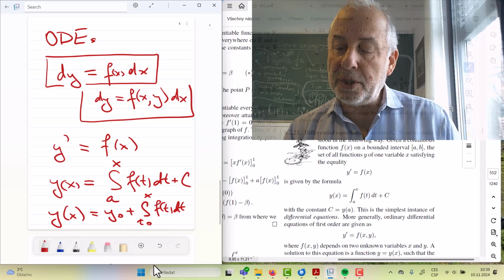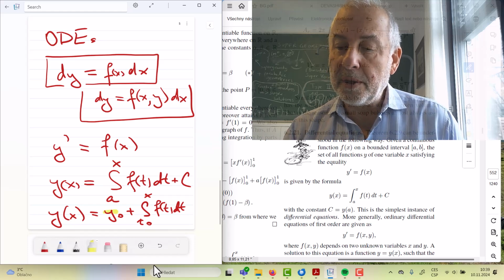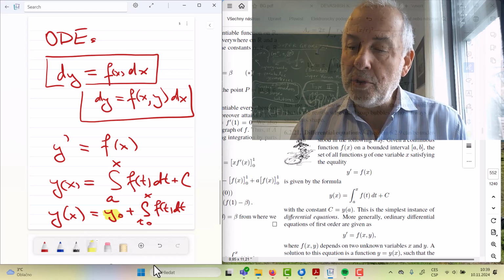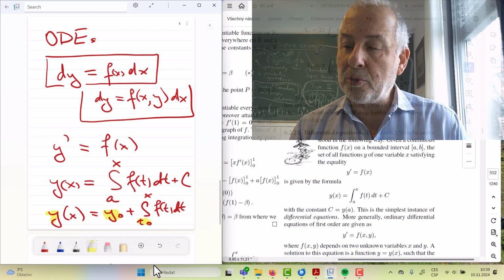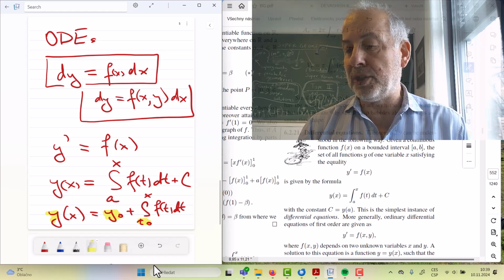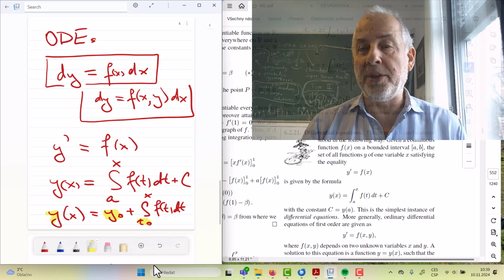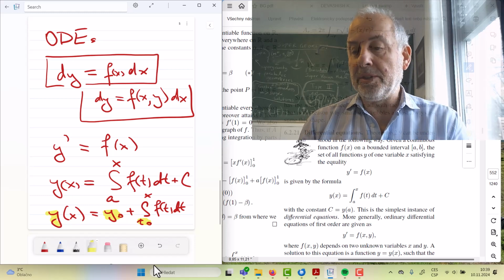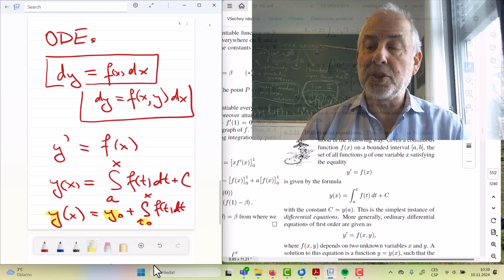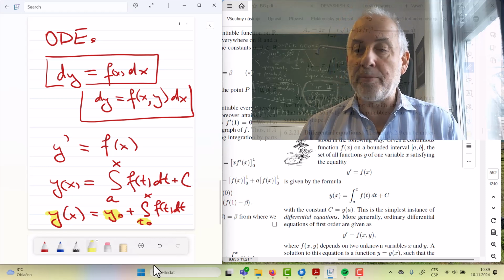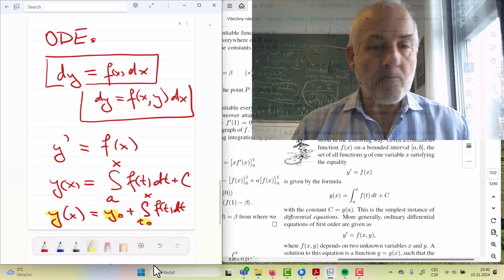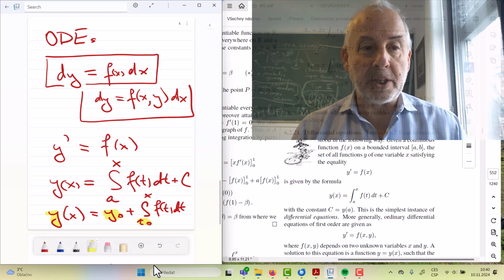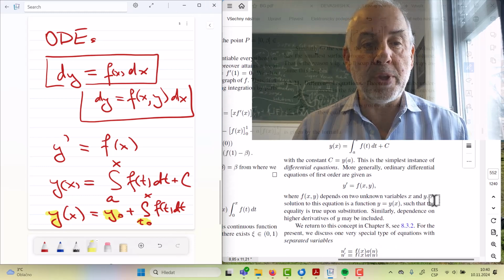Now you see that the constant has been chosen in such a way that the value of y at the point t0 is exactly y0, right? Because if x is t0, the integral doesn't contribute anything, and so the quantity y dependent on the quantity x is just described explicitly this way. If not explicitly in terms of an analytic formula, then at least numerically we can solve this. We shall come to that soon.